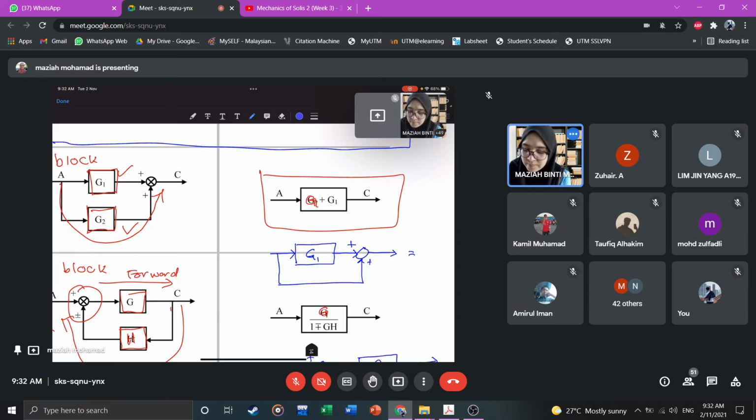This is G2 actually. G1 plus G2. There is no G2, but we do know that for a line it is 1. So therefore the combination will become G1 plus 1, because G2 is equal to 1. So for any line, the transfer function or the gain for the line is equal to 1.